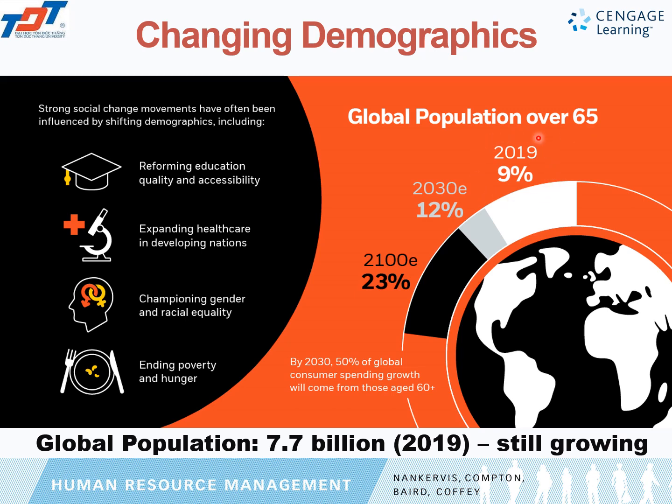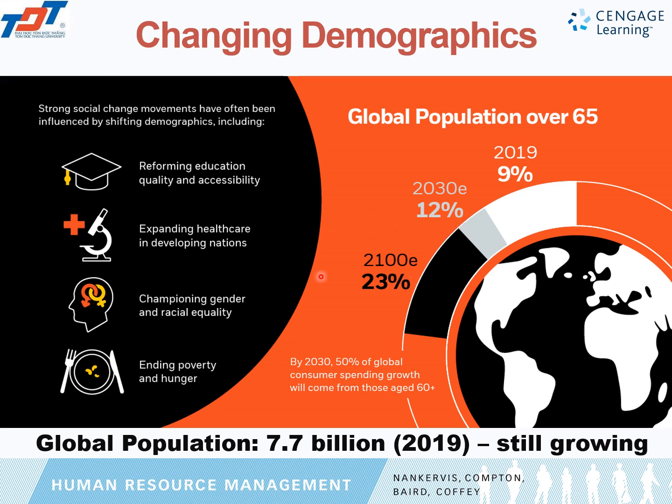For instance, in 2019, the population over 65 years of age was about 9%, and in 2030 it is expected to grow by another 3%, and by 2100, so in 80 years from now, the global population of age 65 or over will be about 23%.